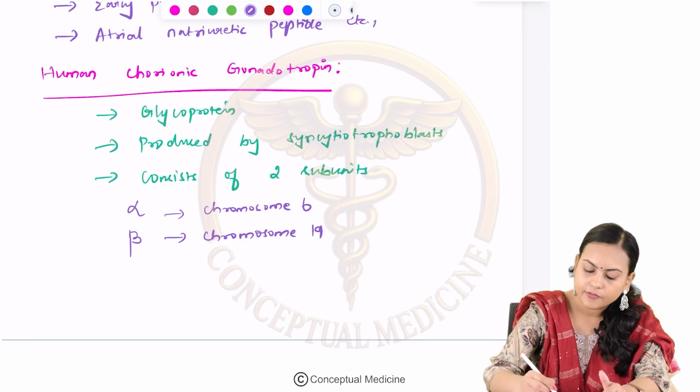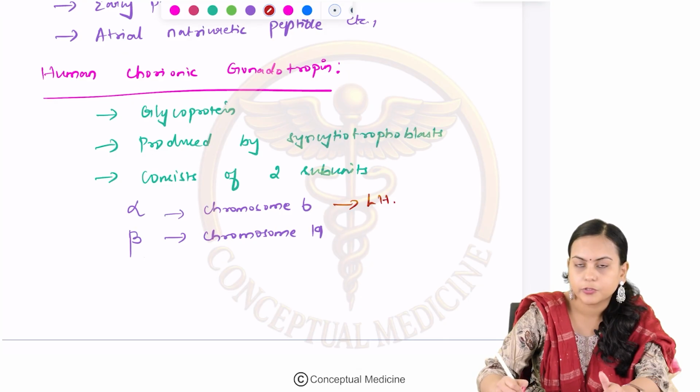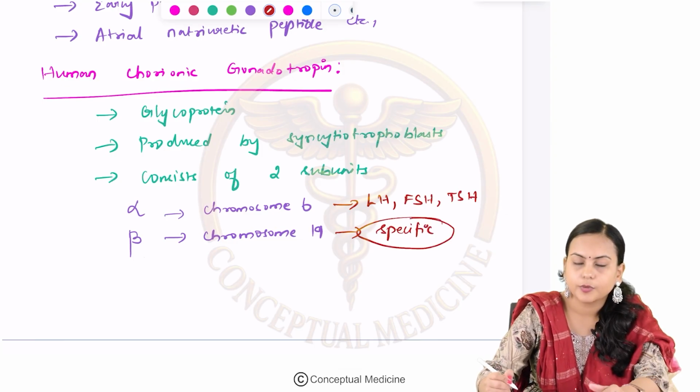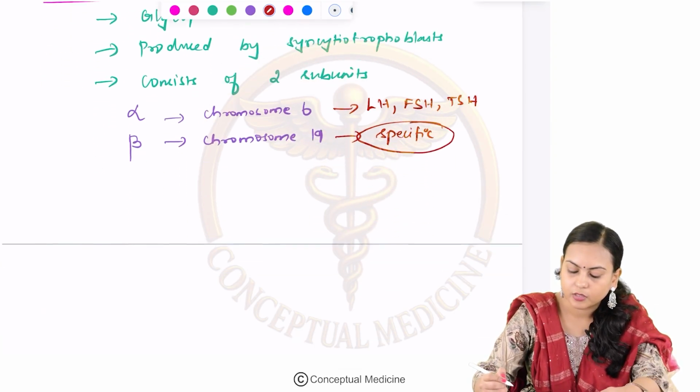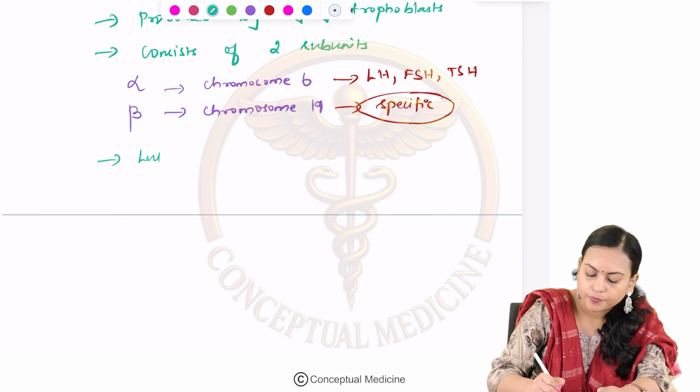The alpha subunit has actions similar to luteinizing hormone, follicle stimulating hormone and thyroid stimulating hormone, whereas the beta subunit is specific to human chorionic gonadotropin.